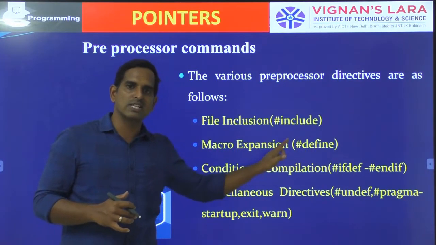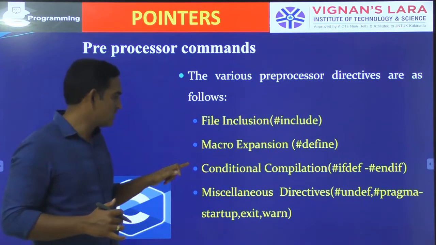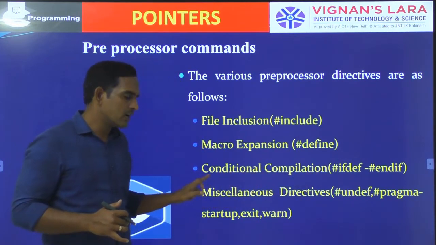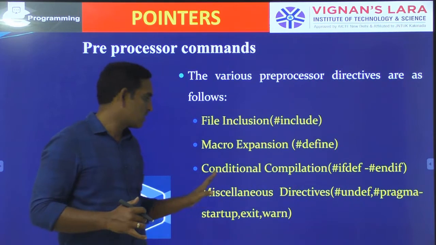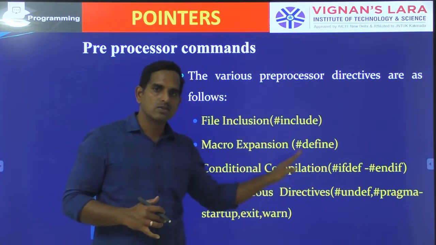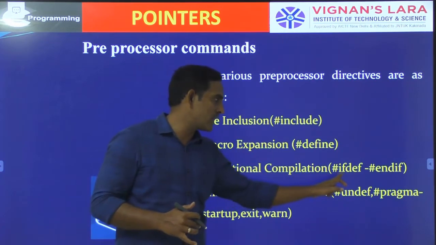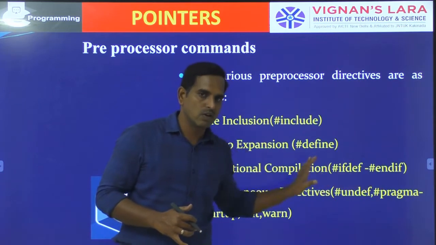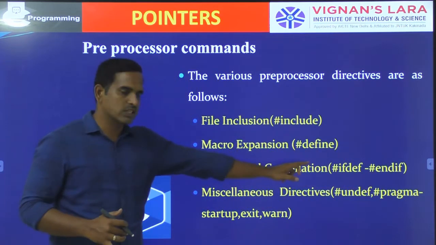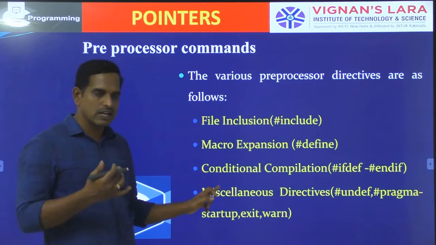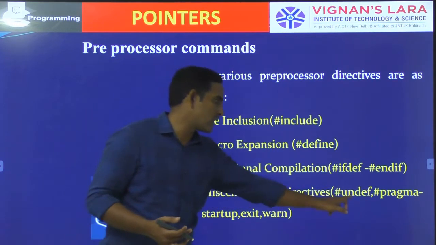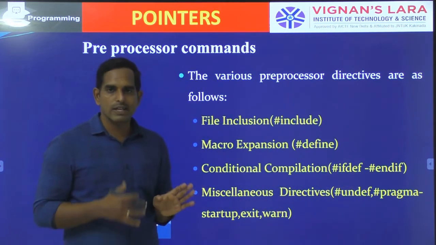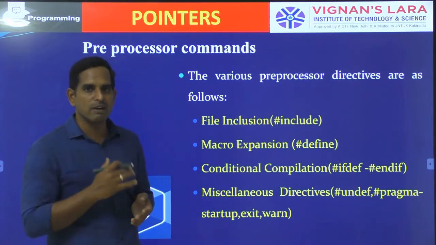The macro expansion is done by using hash define, and we have conditional compilation. These conditional compilations will be like ifdef, endif, okay. This will be done by using ifdef, and we have other directives like undef and pragma, okay. So those will be discussed one by one now.